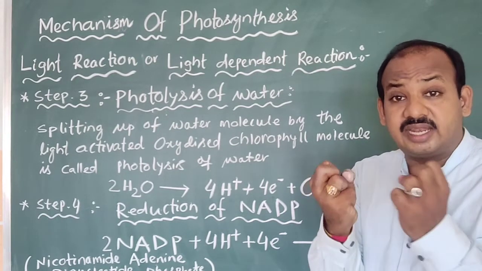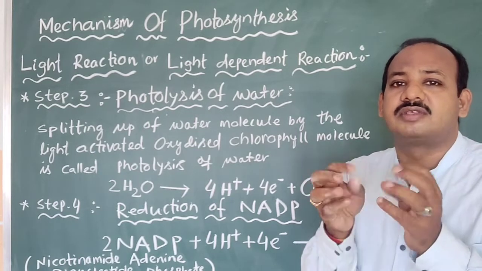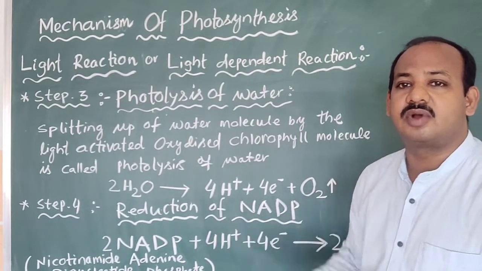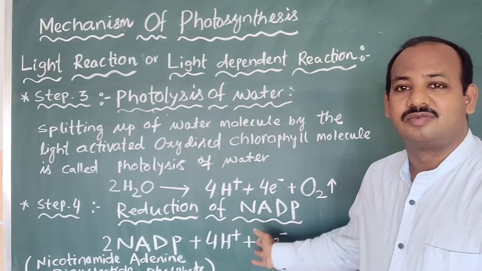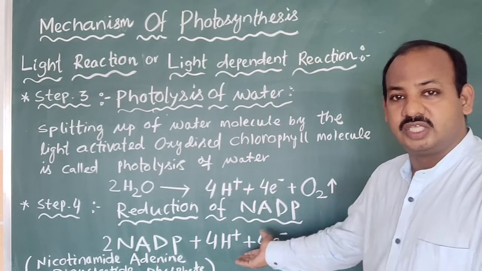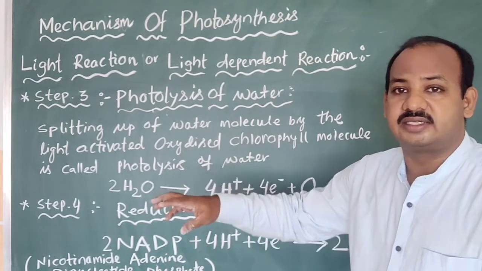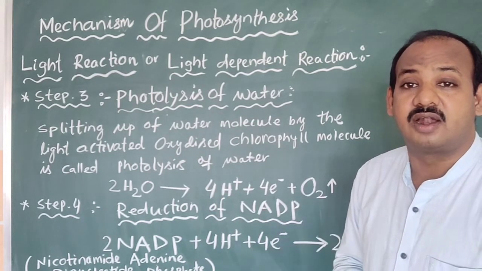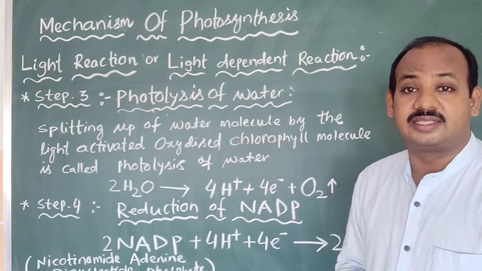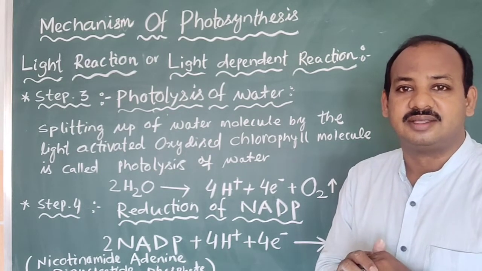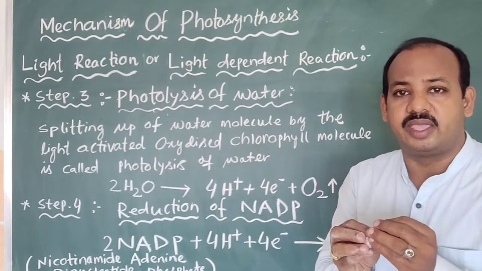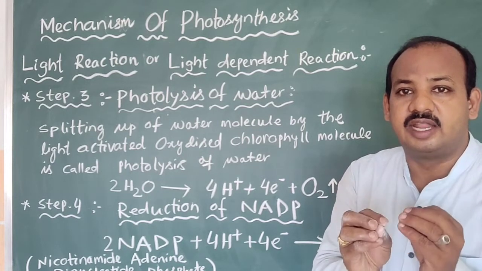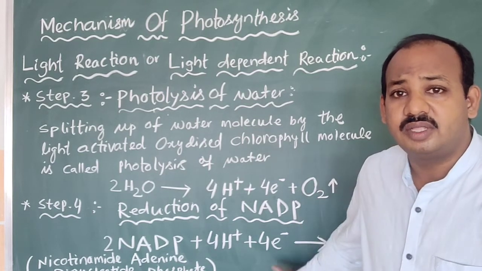It will gain energy when protons and electrons are added to it. In the photolysis of water, 4 protons and 4 electrons are already there. So this hydrogen is added and electrons are added. Protons and electrons are charged particles and they carry energy, and this energy is trapped by NADP and NADP gets reduced.